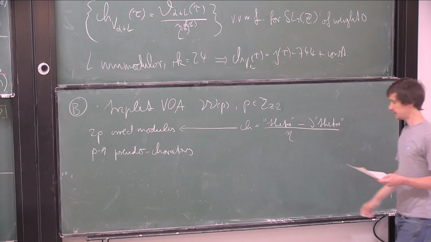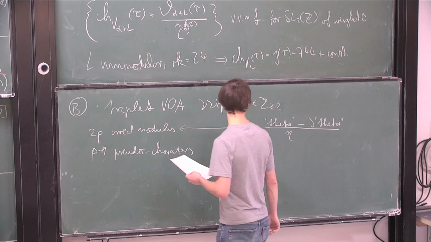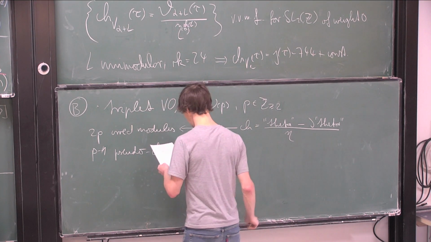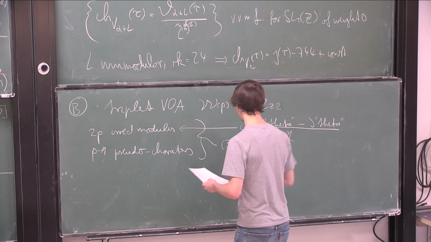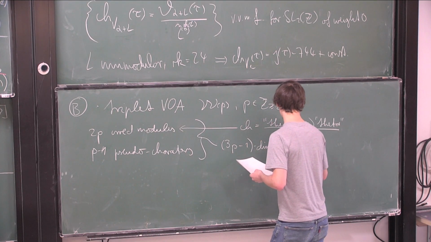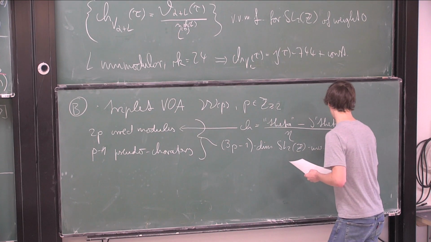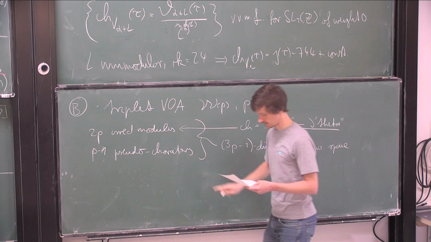Okay, so this is what they look like. And, well, together, they do span a 3p minus 1 dimensional SL2(Z) invariant space. Right, and these will have logarithms in them, yeah?